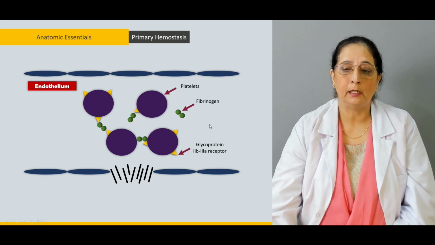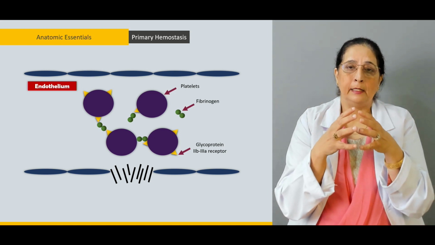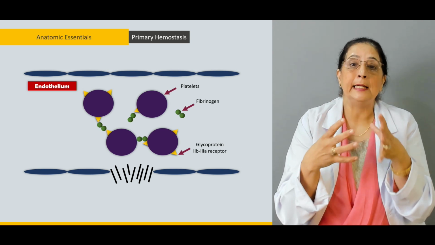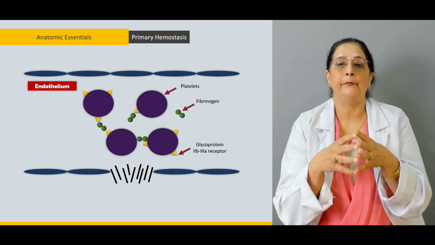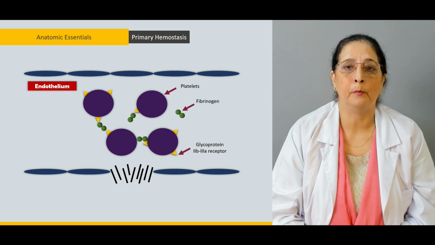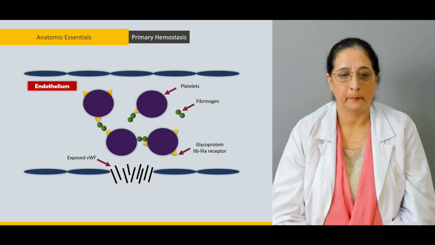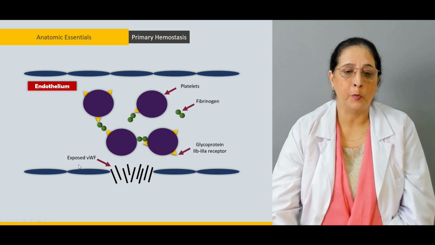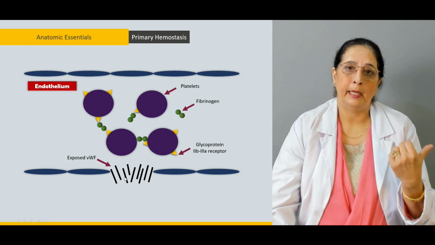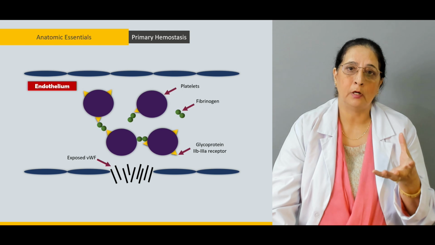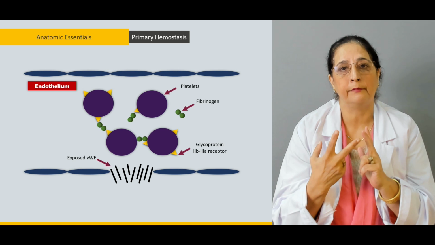attached to the receptors, and this forms a platelet plug. Fibrinogen is converted to fibrin. Along with the platelet, they form a platelet plug or the clot. And then we have the exposed von Willebrand factor. As we mentioned before, platelet activation requires two important factors.